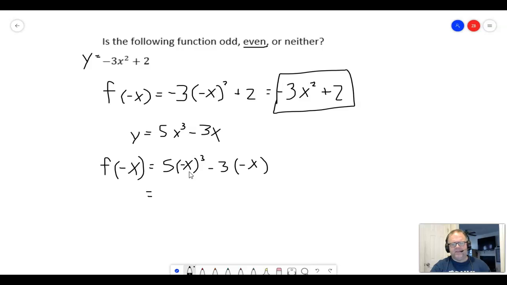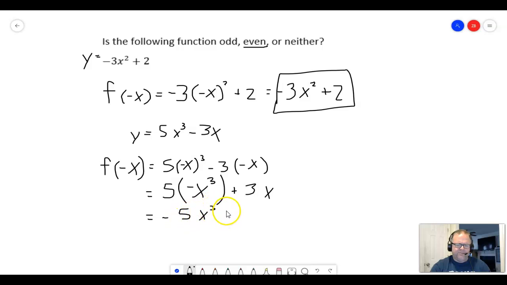Because a negative times a negative is a positive, and a positive times a negative is a negative. So this is going to be 5 times negative x cubed. We're just going to put it like this for right now. And then minus 3 times a negative x, that's a minus times a minus, which is a positive. So that's a plus 3x here. And when I simplify that, I can pull the negative out front. So this is minus 5x cubed plus 3x.